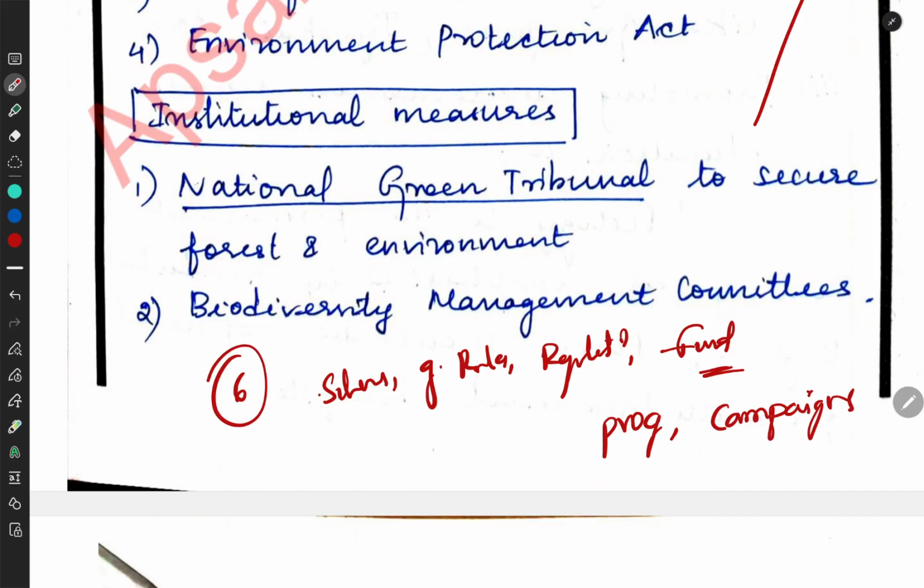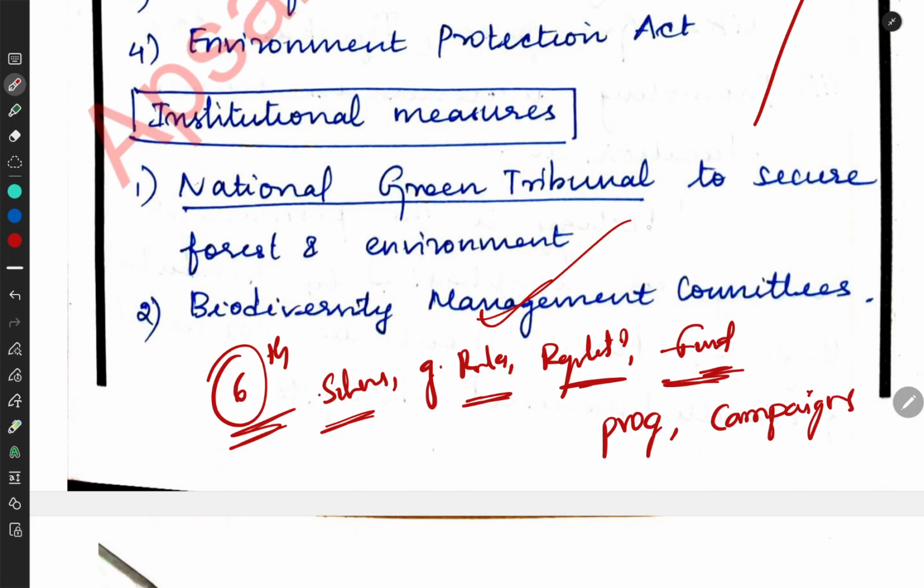I'll upload this copy in our Telegram group also. Please go through it, download the copy and check it out. Just read it once and observe all these points on your own so that you can understand. This is the sixth point. Apart from the answer, you should substantiate each point with these things.